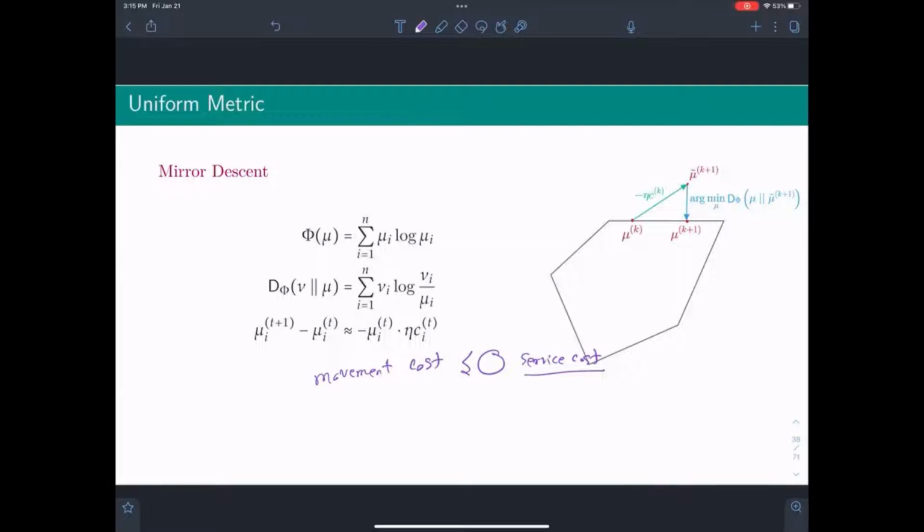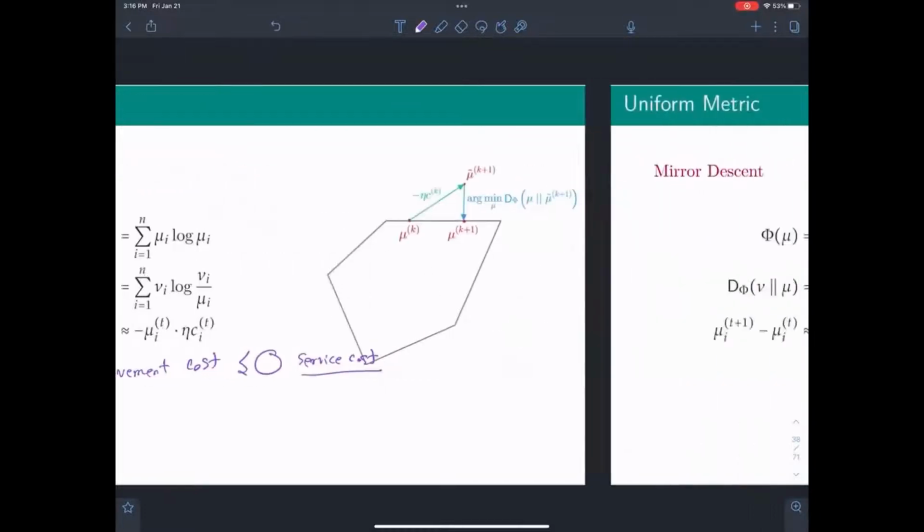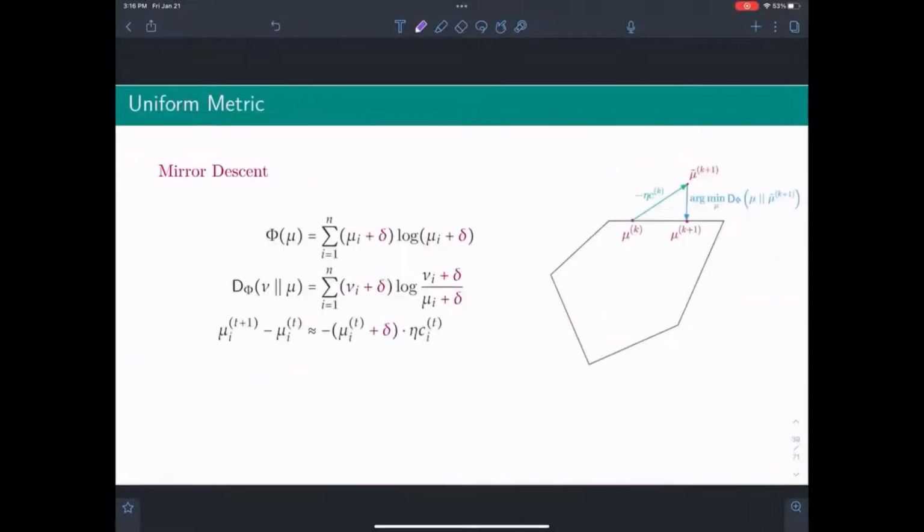But this regularizer doesn't work yet. It's because, as I mentioned earlier, we also need some Lipschitzness assumptions on phi to be true as well, which is not true in this case. And for that, there is a fix, which is instead of working with the entropy itself, we have to work with this shifted entropy.